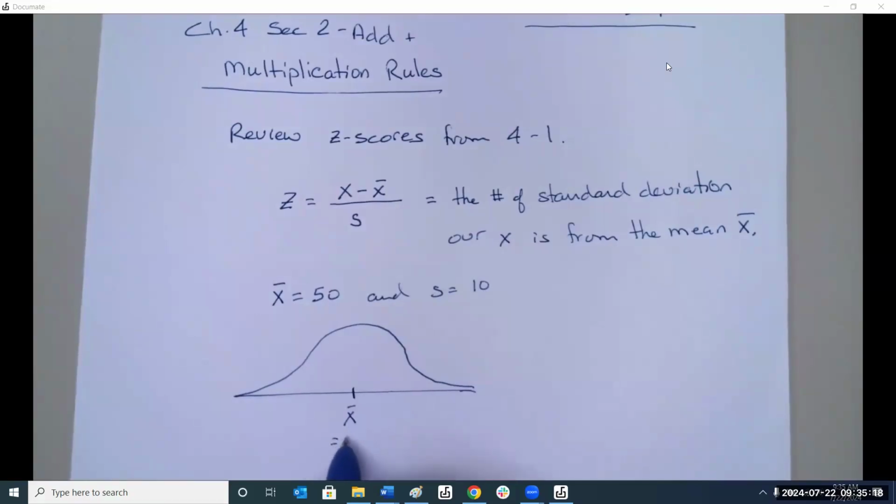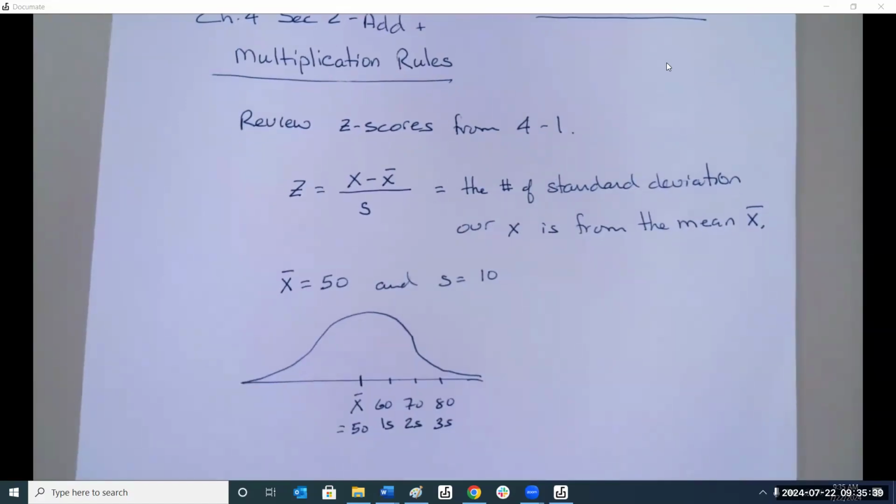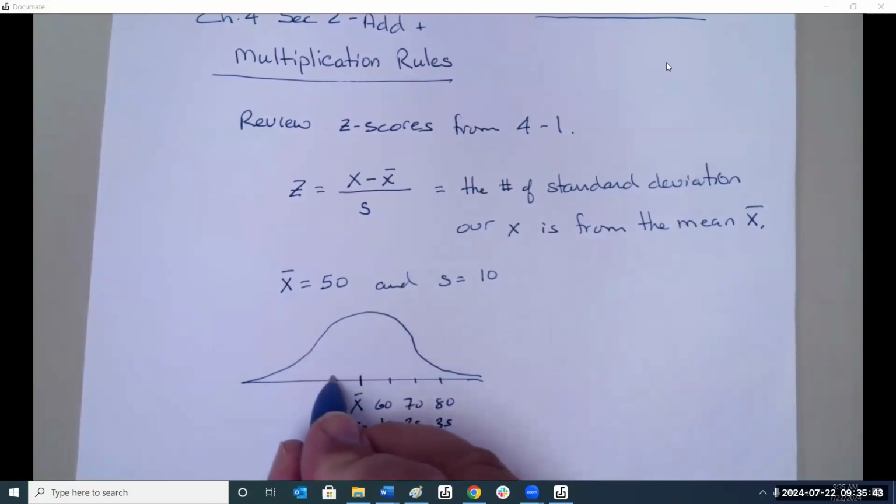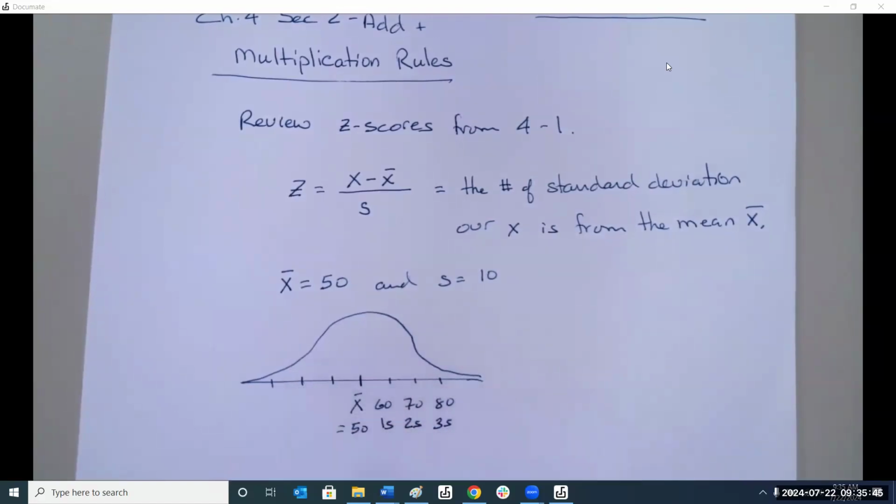So if our mean was 50 and each standard deviation was 10, we add 10 to 50, we get 60. Add 10 to that, we get 70 and 80. So one standard deviation is 60, two standard deviations is 70, and three standard deviations is 80, to the right. Going back to the left, we subtract our standard deviations.